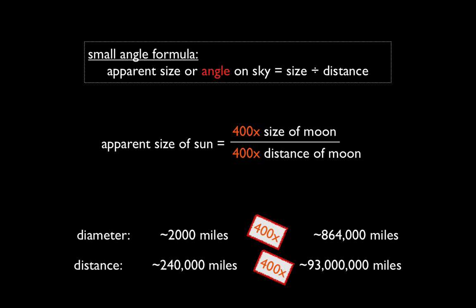We can cancel these two factors out and say that the apparent size of the sun is equal to the size of the moon divided by the distance of the moon, and then see that of course this is just equal to the apparent size of the moon. So that's how we can tell that the size of the sun and the size of the moon apparent on the sky are the same, even though they're at such different distances and they have such different sizes.